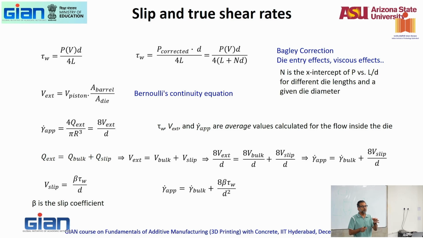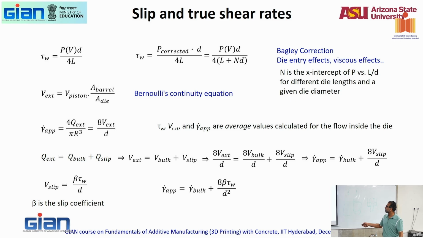So you basically do tests on dies that are 10 mm long, 20 mm long, 30 mm long, 40 mm long with the same diameter, and plot the pressure versus L over D, and where that hits the x-axis is the value N. So you put that L plus ND. This is called the Bagley correction.